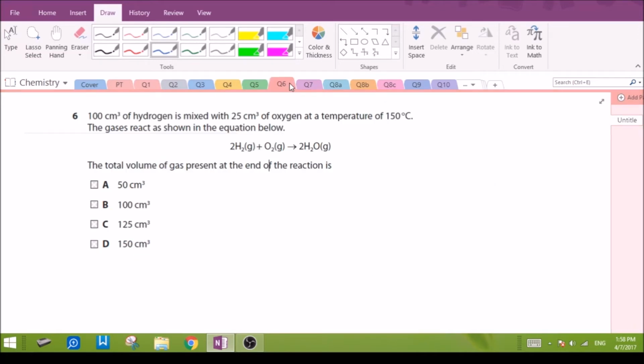Number 6, hydrogen is mixed with oxygen with these volumes, and then we are given the balanced equation. We are expected to find the total volume of gas present at the end of the reaction. What I find useful is to have a table that accounts for the respective volume at the different stages.